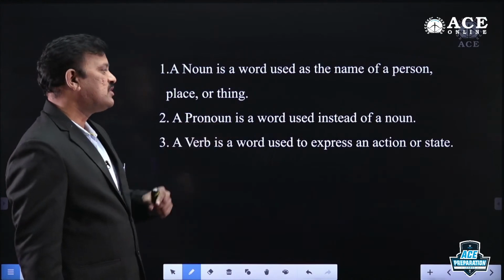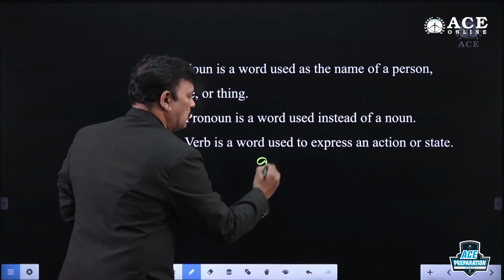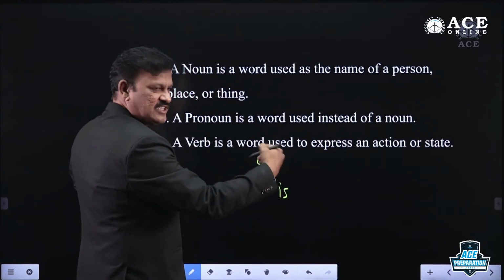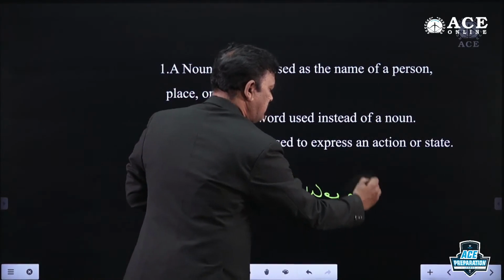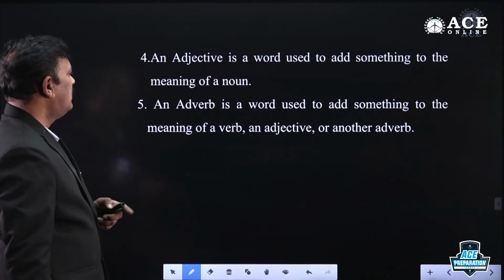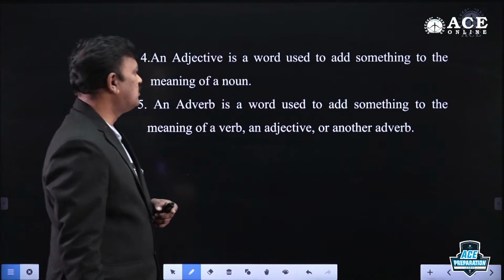Verb is a word used to express an action or state. I told you this. Go is an action, and is a state. We have was, etc. We'll come back. Then adjective is a word used to add something to the meaning of a noun.